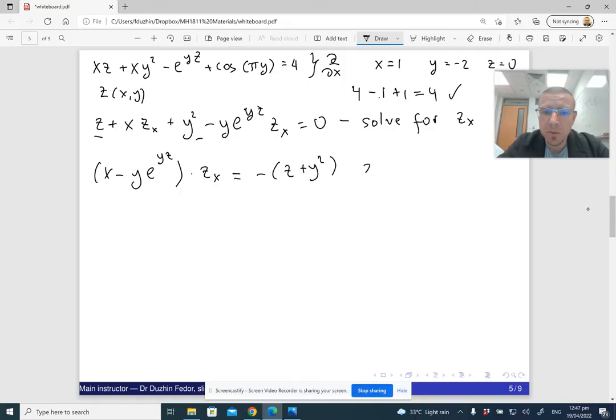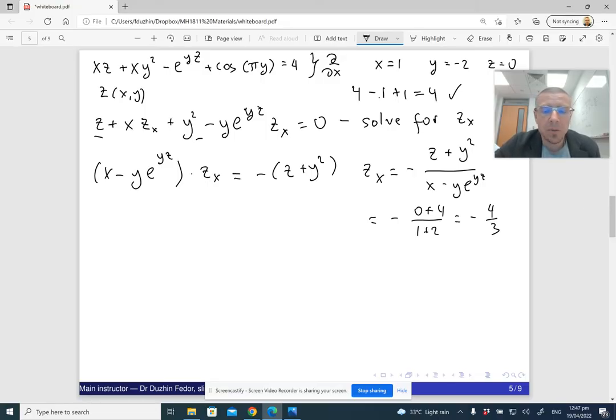So solving for z_x, we get z_x equals minus z plus y squared divided by x minus y e to the yz. And at the given point, minus 0 plus 4 divided by 1 minus, plus 2 times e to the 0, is just 0, so minus 4 thirds.